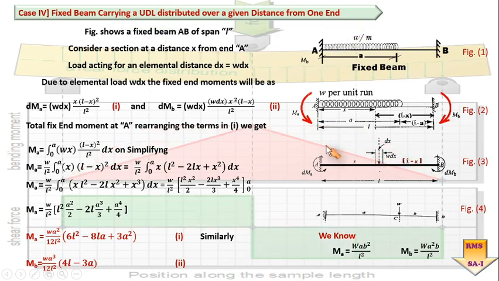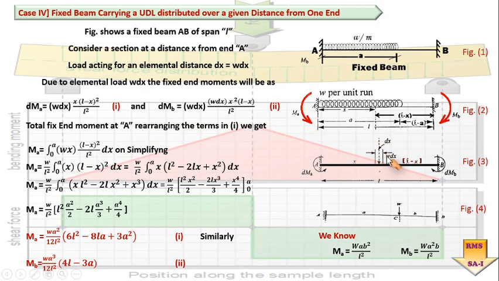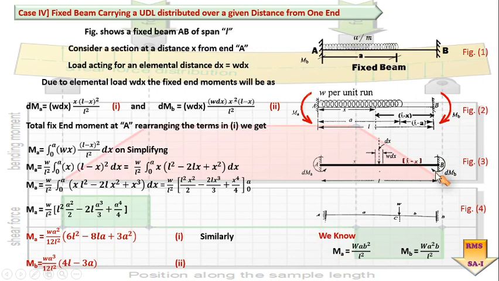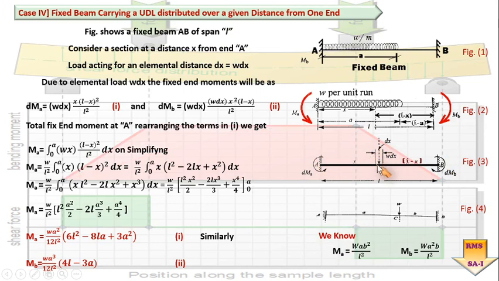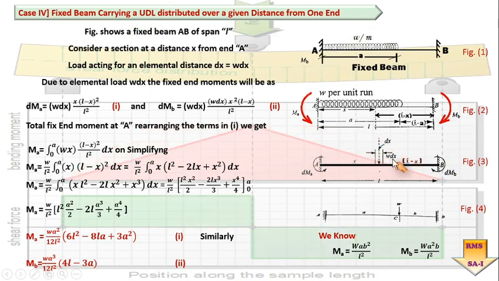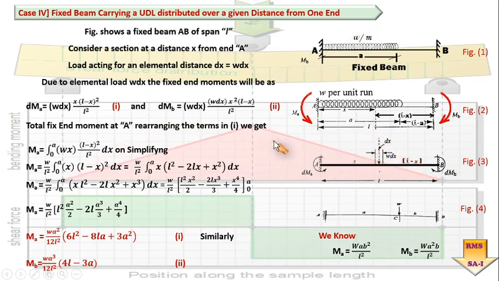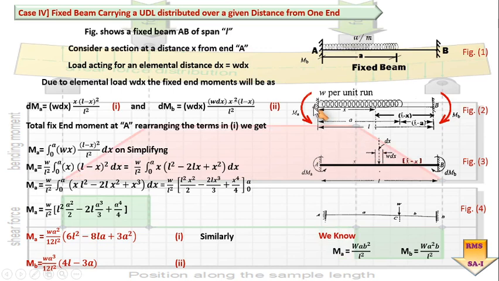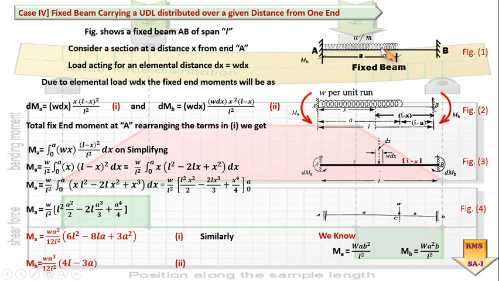Now we will try to understand the effect of that small elemental point load w dx, which is dMA and dMB. These are the fixed moments due to this equivalent point load w dx. After integrating throughout the span for which the UDL is imposed, we are able to get the fixed moment for this basic beam with a UDL up to a distance of a.